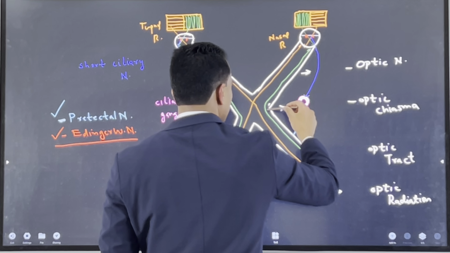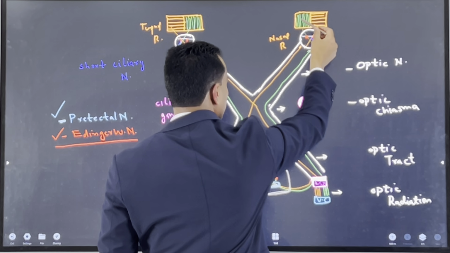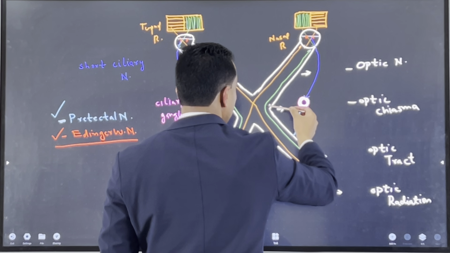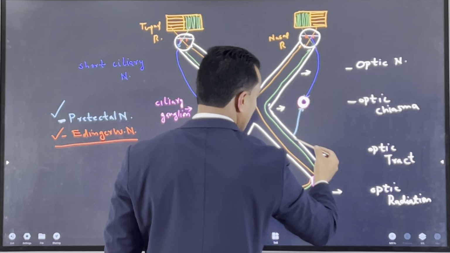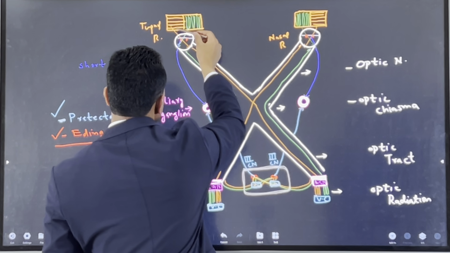Focus on this green neuron. It is coming from the nasal visual field area and continues as the temporal retina, and it enters the same side optic tract; it is not crossing. But from the left eye, this light is coming from the temporal part.